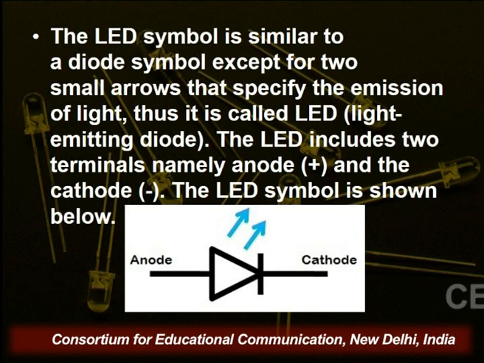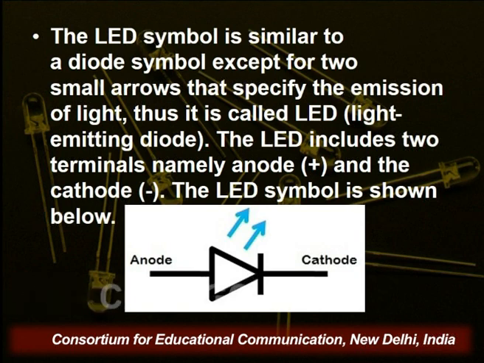You see on the screen the symbol of the LED, and it is very close to the symbol of the diode, except for two small arrows that specify the emission of light. With the diode symbol, we have two arrows outside that represent the emission of light.